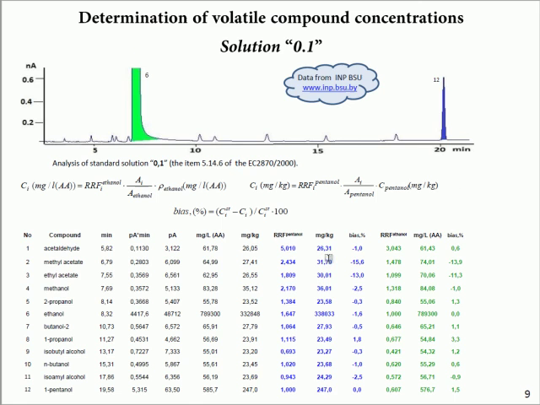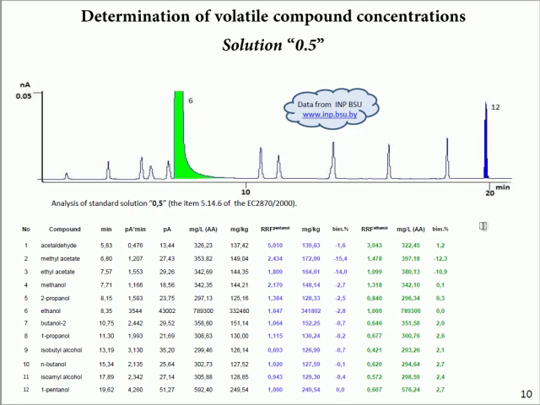On the next slides, you should pay most attention to the bias columns. Comparing the traditional and novel method, it can be said that the novel method is correct enough and somewhere even better than the old one. So here you see the solution 0.1. On this slide you see solution 0.5.